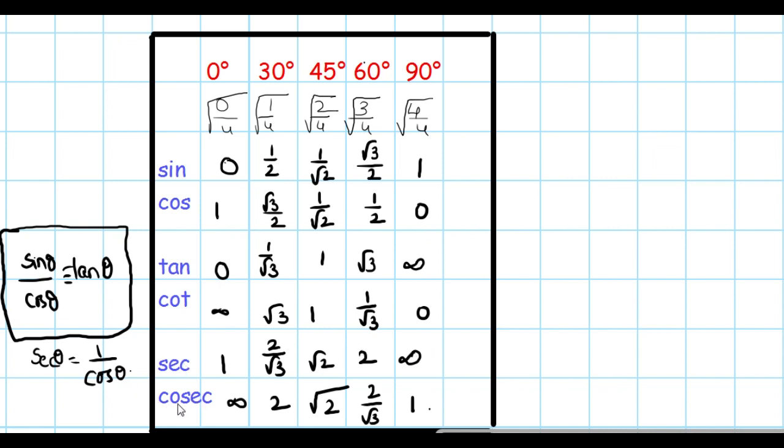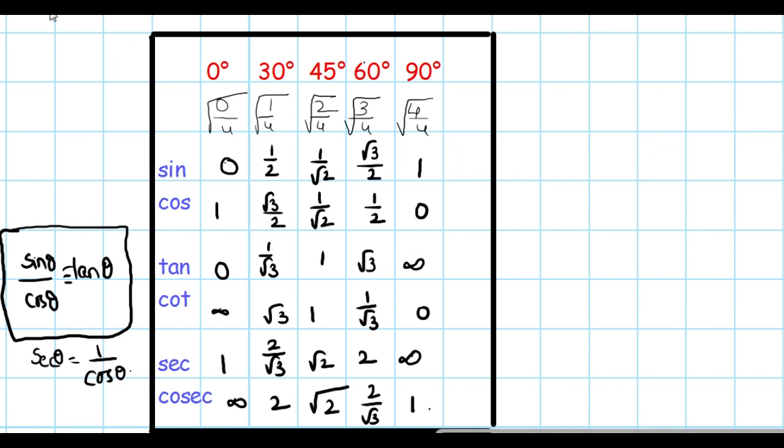Similarly, we can get cosecant values by placing the values of secant in the reverse order. First infinity, then 2, then root 2, then 2 by root 3 and 1. So, you should be very thorough with these values, so that whatever the calculations are there, you can do it simply.